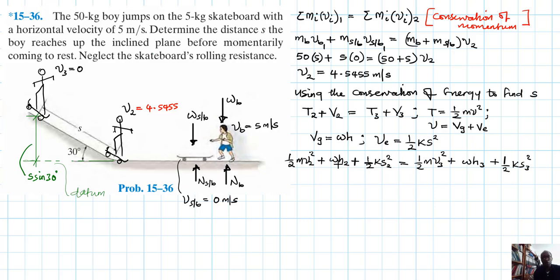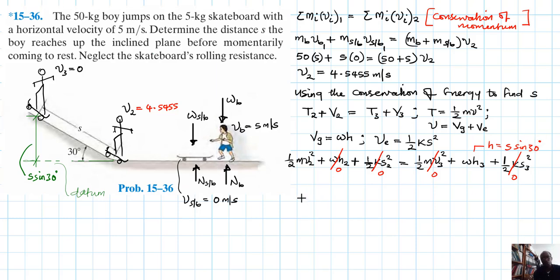But we know that this is 0, this is 0, this is 0, and this is 0 too. And we know that h is just equal to s sine 30.